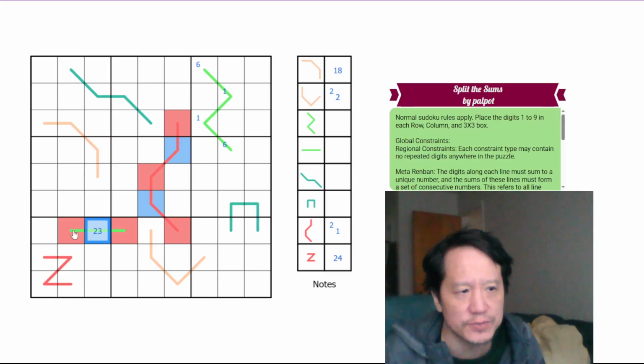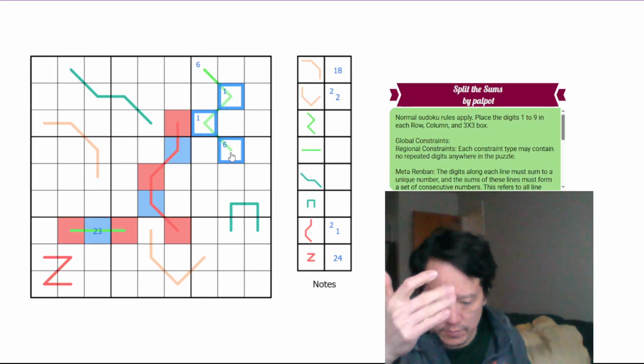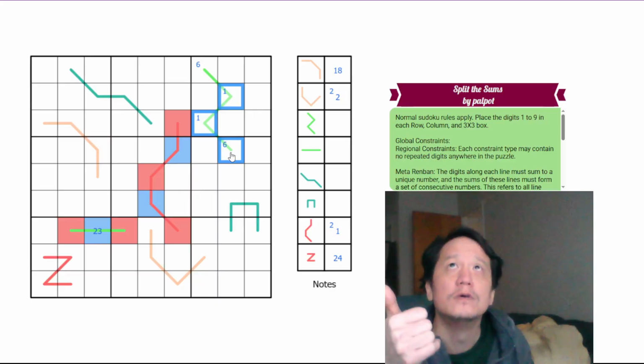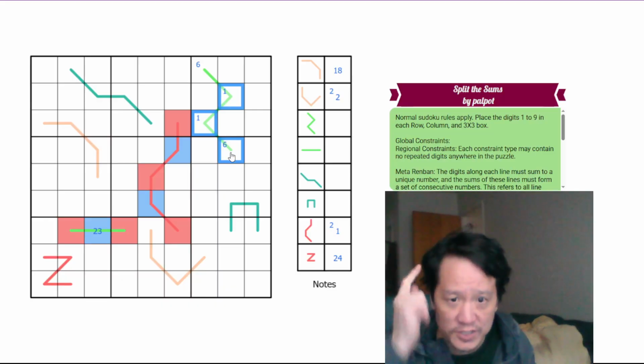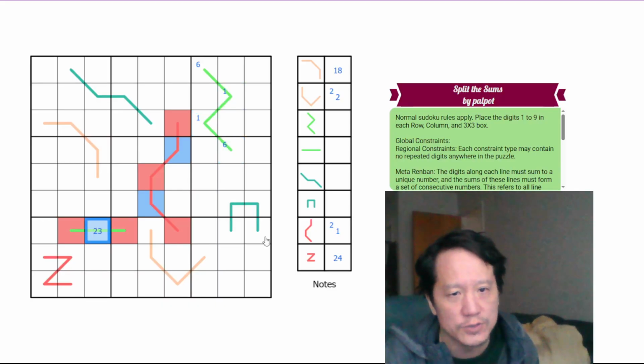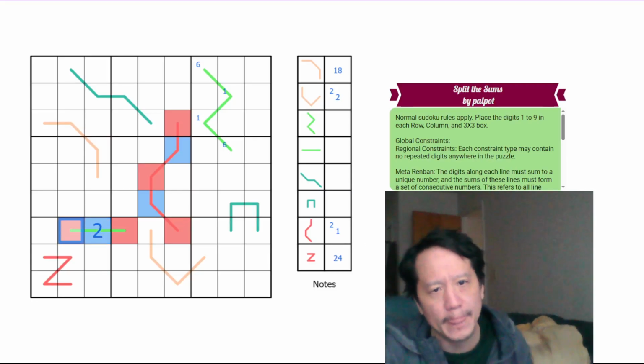So if this is 3, it's 8 and 9. Which means this must be 1, 2, 6, 7. So 1, 2, 6, 7 adds up to 13 plus 3, which is 16, which is too small. So this can never be 3, then this is guaranteed to be 2.